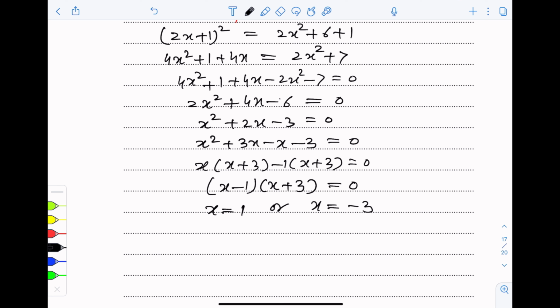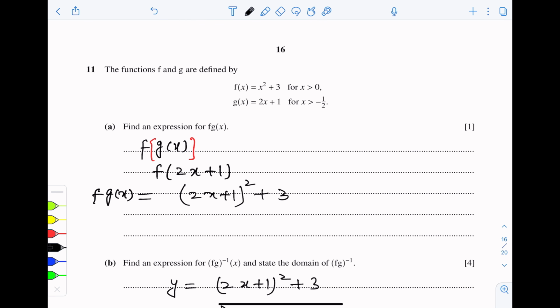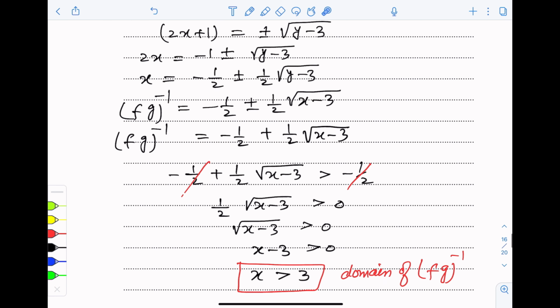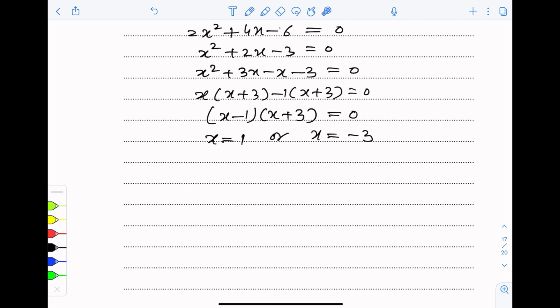Now, which value is valid, which is not valid, it depends upon the domain of the functions. So, since the domain of the function, look at this, the domain of the function is x greater than -1/2. एफ एक्स की डोमेन है, ये भी इसी में आ जाती है, x is greater than -1/2, ये इसका इंटरसेक्शन है। तो it depends upon x is greater than -1/2, so this value is not valid.